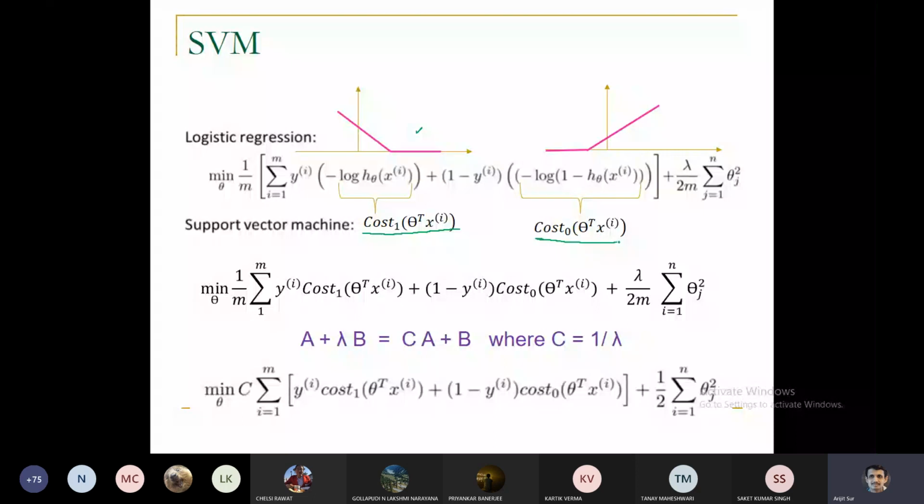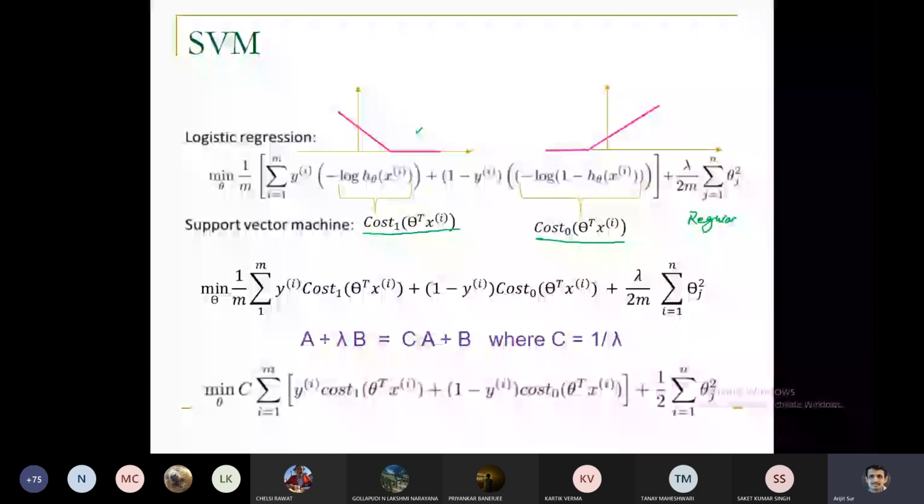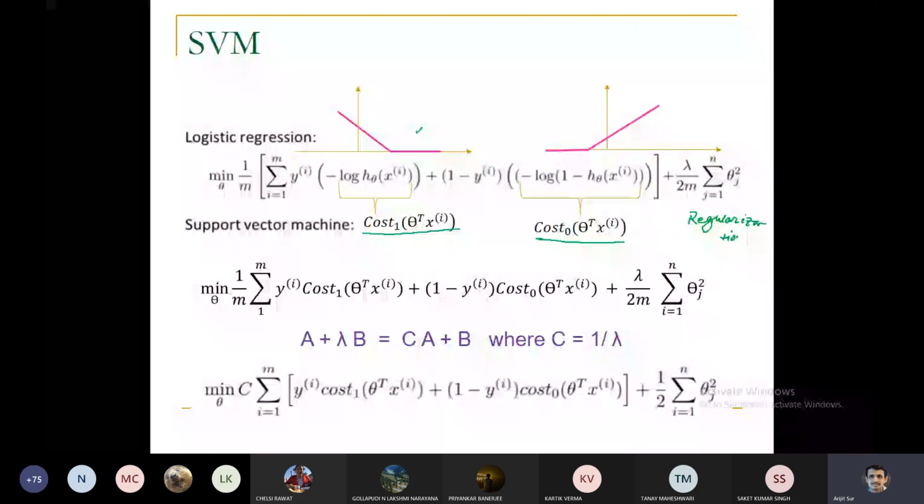These are the approximations we have made. We just write it in this way, and we can put a regularization term, as we saw in the last class.